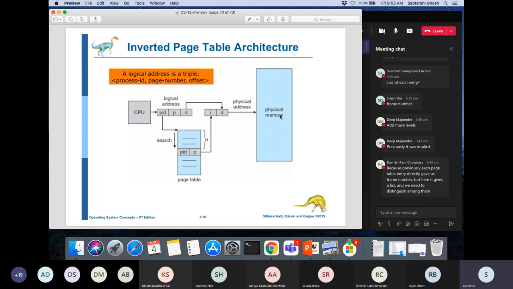Remember, this inverted page table has one entry for every frame in the physical memory. So if the logical address generated has matched with the ith entry of the inverted page table, that means that this page is to be found in the ith frame.